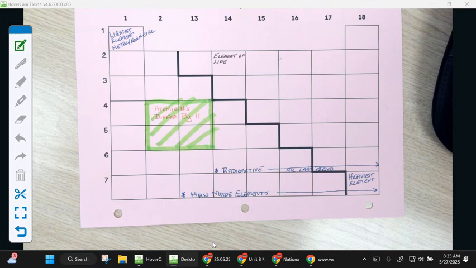So which of these two elements is lighter? The one on the left or the one on the right? Left. Energy going in, endothermic. Energy going out, exothermic.